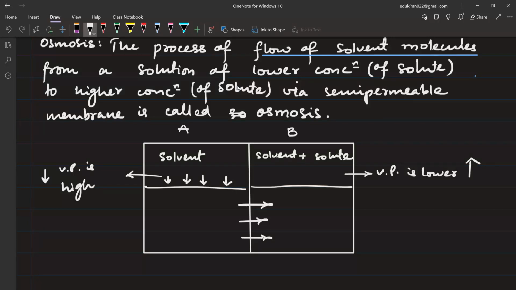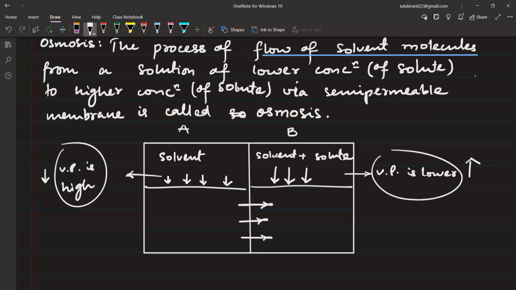Now, what is osmotic pressure? Please understand what is osmotic pressure. Let us suppose this flow is happening, and the vapor pressure of chamber A is high, vapor pressure of chamber B is low. What happens if I add an external pressure? How much external pressure, and till when should I add it?